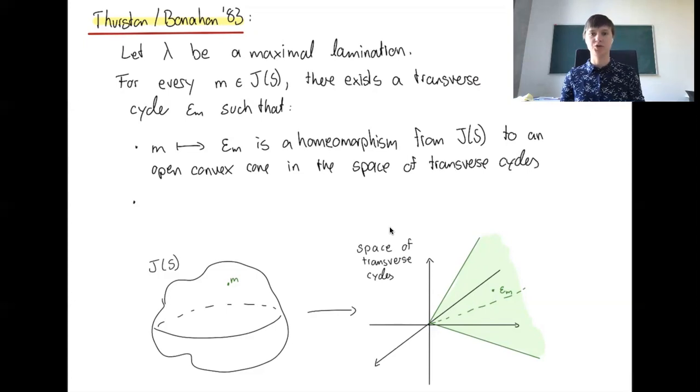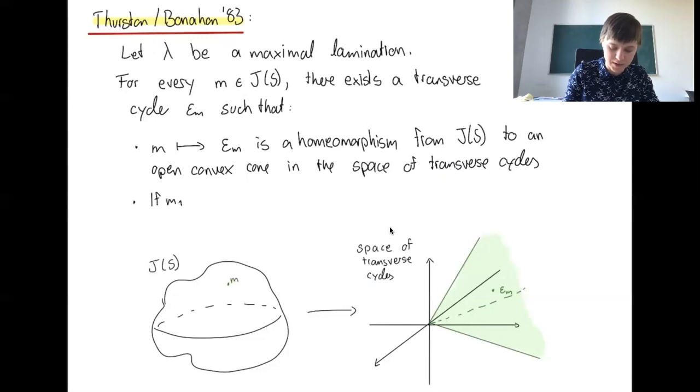This is what I want to show with this small cartoon here. So here I have Teichmüller space, and here I have the space of transverse cycles. It's a vector space, which I didn't mention, but you can convince yourself that you can add these and scale these. So it's a vector space. And if you start with a point here, m, you can assign to it ε_m, which lies in this open convex cone. What does it have to do with cataclysms?